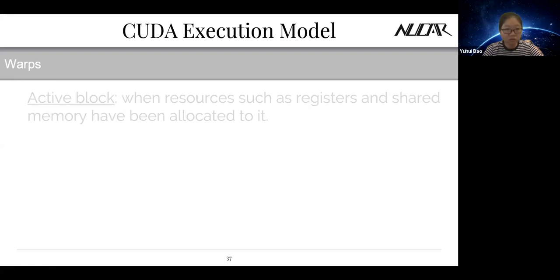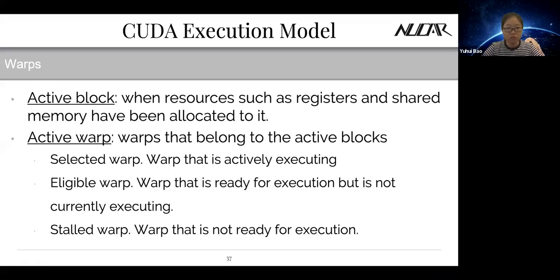Okay, so there are two concepts. The active block, which means the resources for this block have been allocated. So they accept a certain block or a number of blocks, and they are ready to run those threads, or they are running the threads.